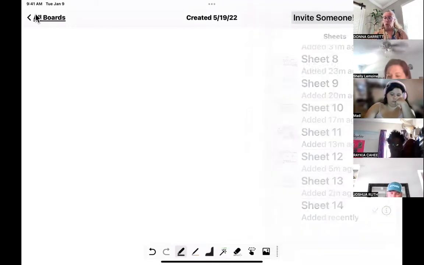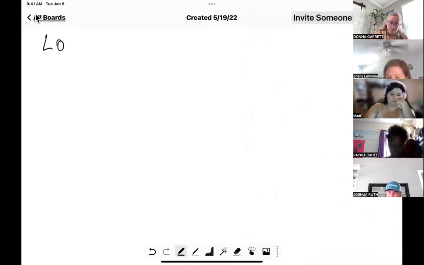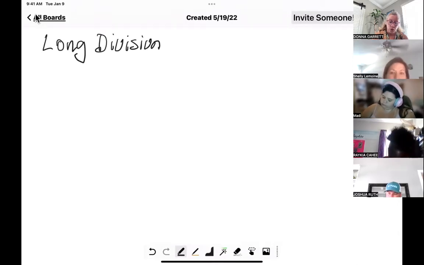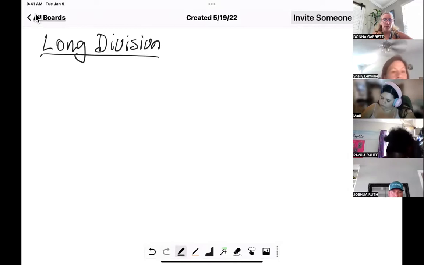Okay, so we're going to focus on long division. You can divide smaller numbers like 10 divided by 2 with a fraction. You don't have to do long division. The long division you want to use for something that has longer, bigger numbers.